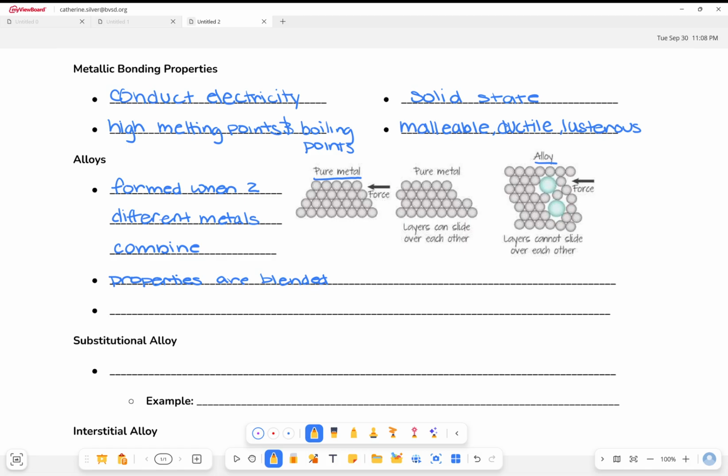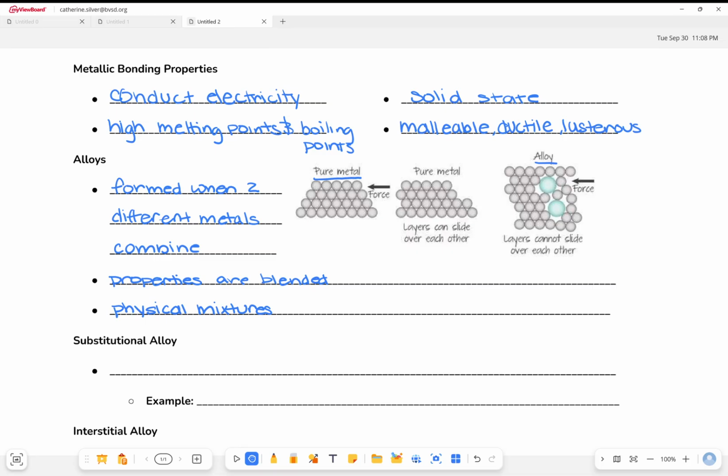It's kind of like a salad bowl where you have your lettuce and your tomato. Here you're just going to have metal 1 and metal 2. So pure metals can kind of slide over one another, but alloys are going to be a little bit stronger because they cannot slide over one another.